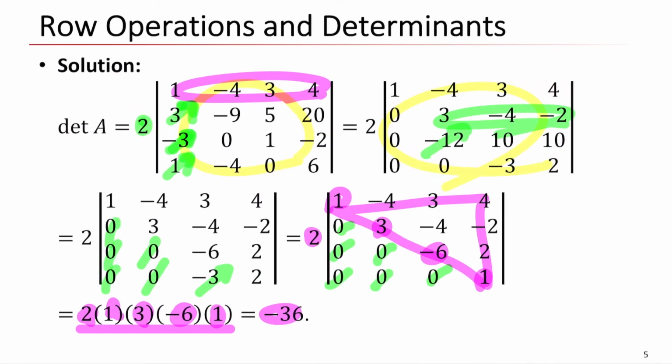But by using the row reduction algorithm and the property of the determinant of the elementary matrix, we can reduce the computational complexity of estimating the determinant. So this is a much easier way to find the determinant.